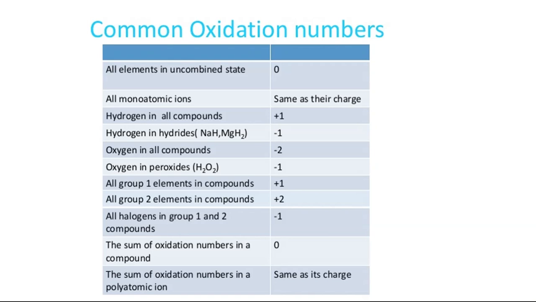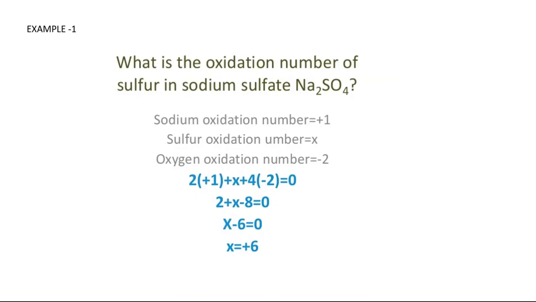The sum of oxidation numbers in a compound is 0. That is rule number 6, already explained before. The sum of oxidation numbers in a polyatomic ion is the same as its charge, that I will explain with example. We can find oxidation state of any element in the compound using these rules.